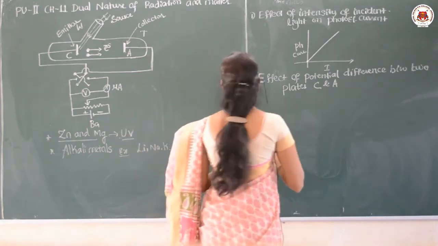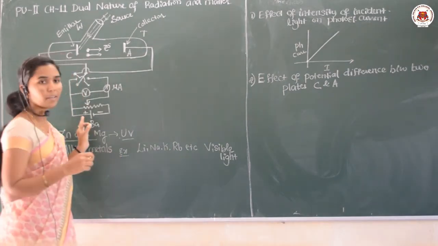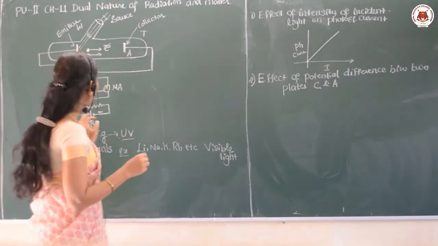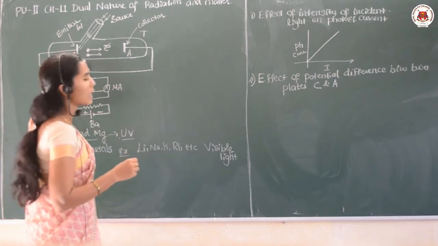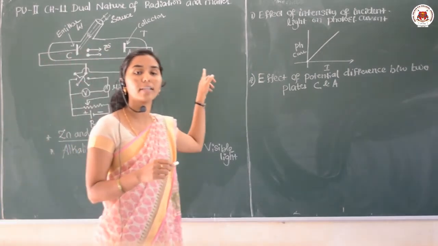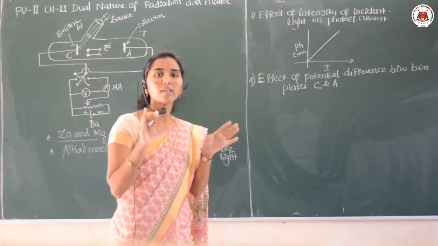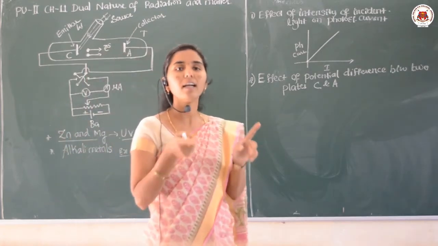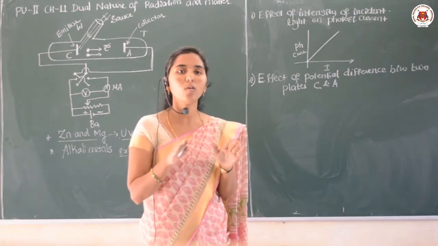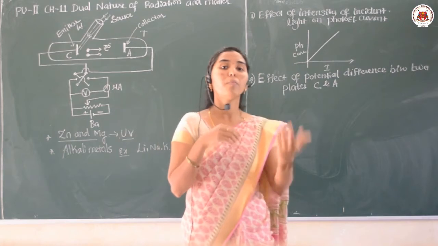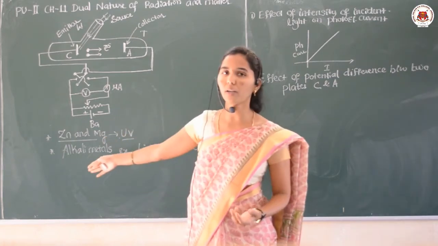First let me explain: when the potential difference between the collector plate A and the emitter plate C is 0, no current is produced in the circuit, because no PD is applied there.